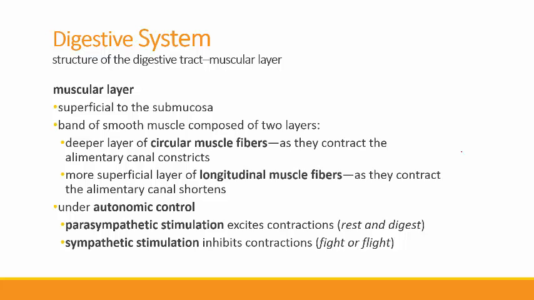So stimulation from the parasympathetic division is going to cause digestive movements to occur, while sympathetic stimulation will inhibit those contractions, so that when we're getting ready to fight, we don't have to worry about needing to go poo. That's not what we're thinking about or worried about. All the digestive functions take a back seat to dealing with whatever the threat may be. Okay, so there's the muscular layer with its innermost circular muscle and the outermost longitudinal muscle.